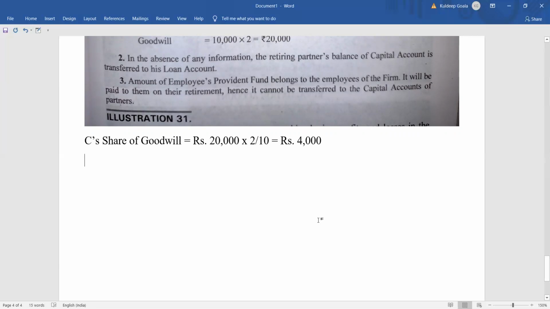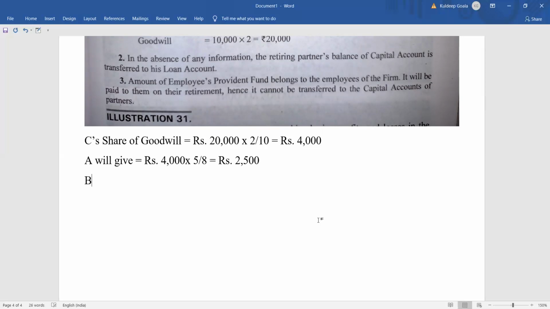So C's share of rupees 4,000 will be taken by A and B. A will give how much? Rupees 4,000 into 5/8, because the ratio was 5:3, isn't it? So 5/8, how much will it be? 2,500, right? 2,500.